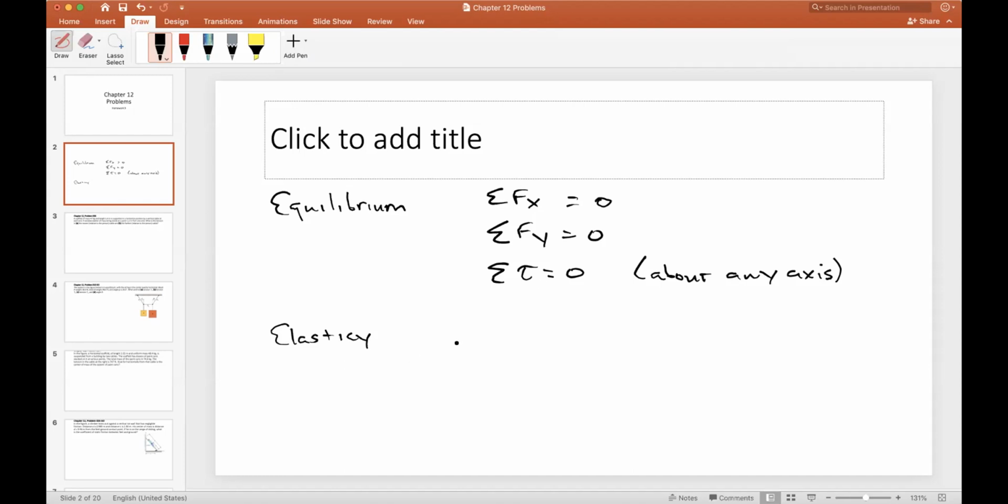We're just going to talk about elasticity, which is, say, a wire subject to some perpendicular force which causes it to lengthen or contract. So a wire of length L is subject to some change in length due to some force perpendicular to the cross-sectional area. And if we assume a wire is circular, then this would be pi r squared, r being the radius of the wire.